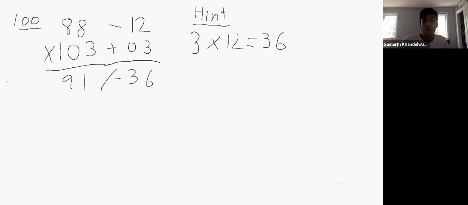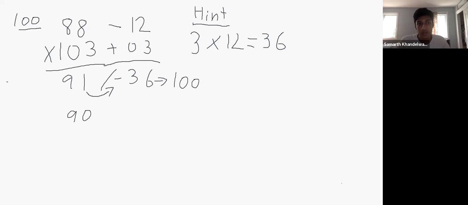Okay, so now we do reverse carry. So this turns into a 90. But you don't add 10 to minus 36. You add 100. And the reason being is because we're using base 100. Base 100 has 2 zeros.